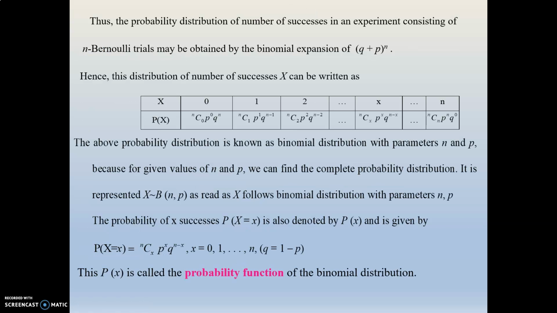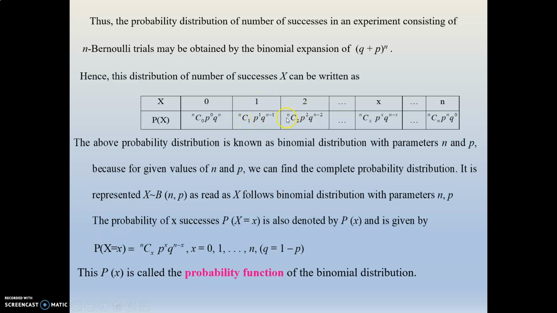The probability distribution of the number of successes in an experiment consisting of n Bernoulli trials may be obtained by the binomial expansion of (q plus p) whole raised to n. So we can expand like this. If x is equal to 0, then we take nC0 p raised to 0 and q raised to n minus 0, that is q^n. If x value is 1, nC1 p raised to 1 q raised to n minus 1.